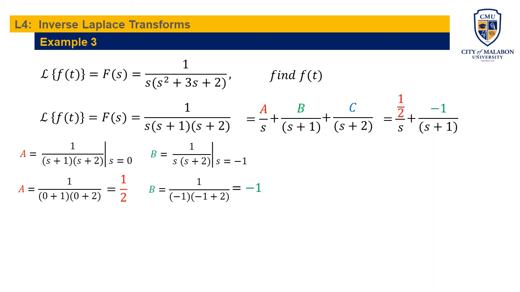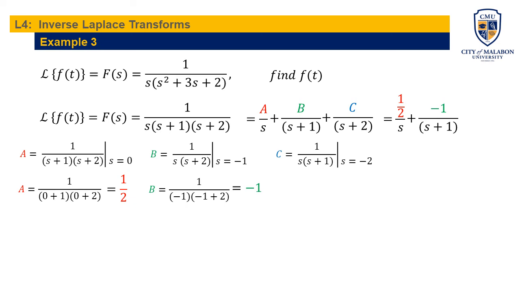So we go back to our partial fraction. Then we complete c. Same thing: cover again, we cover s plus 2. What remains is 1 over s times s plus 1.